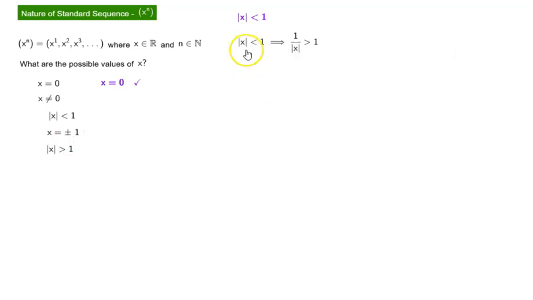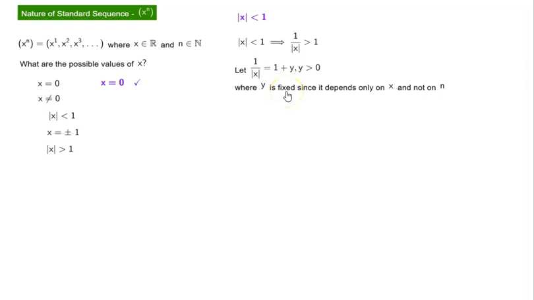So now magnitude of x is less than 1 implies 1 by magnitude of x is greater than 1. If you take the reciprocal, then the inequality reverses. Now let 1 by magnitude of x be equal to 1 plus y, where y is greater than 0.